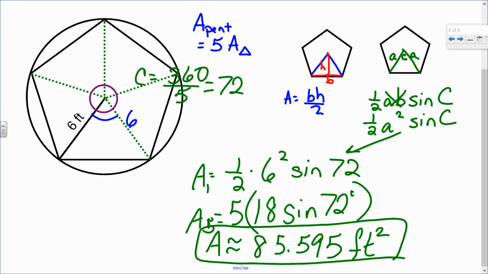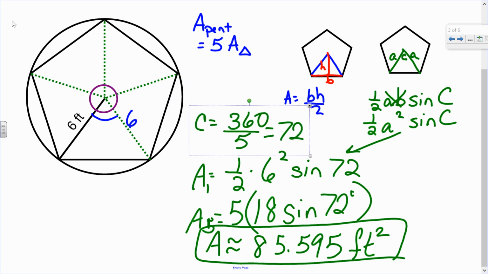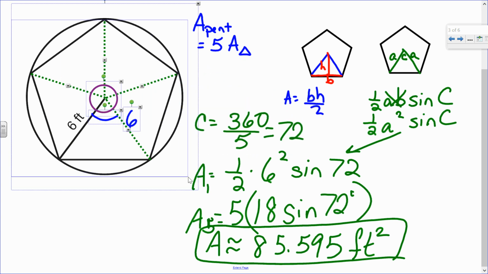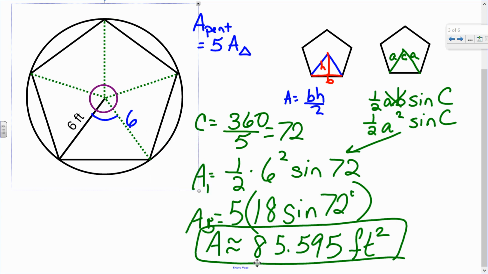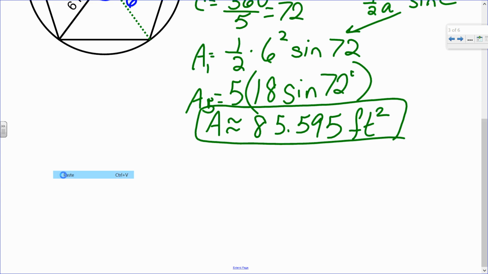Okay, this problem, however, also asks us for perimeter. So I think I'm just going to make a second copy of my figure here and move that down a little bit lower, so that we have more room to see what we're doing.